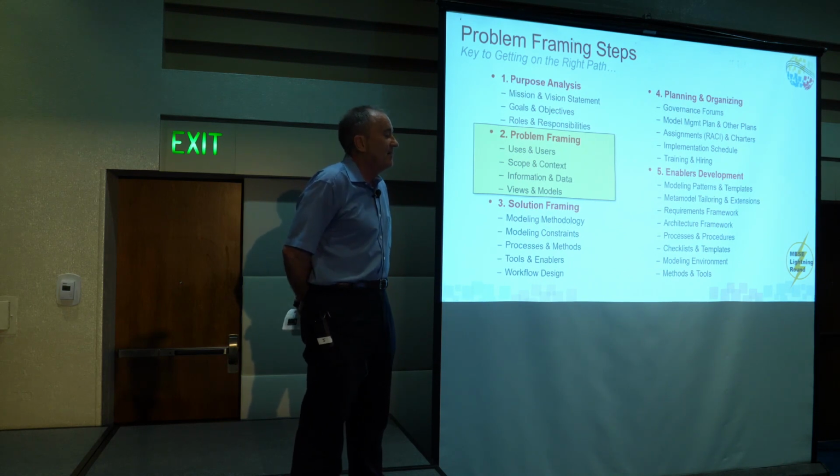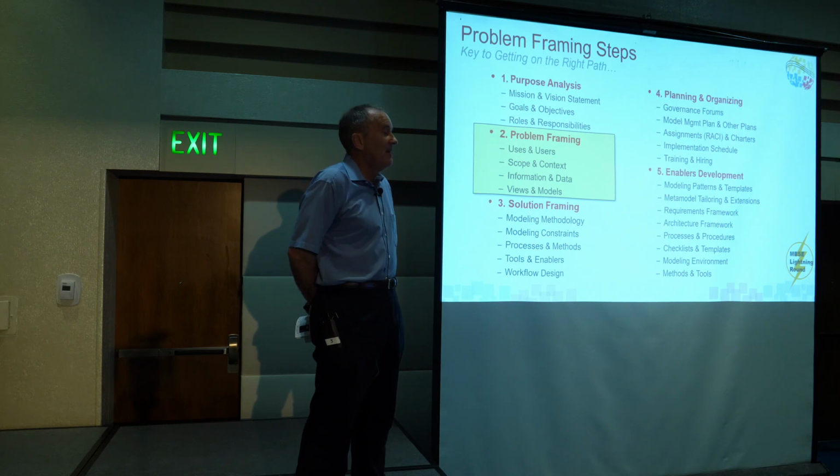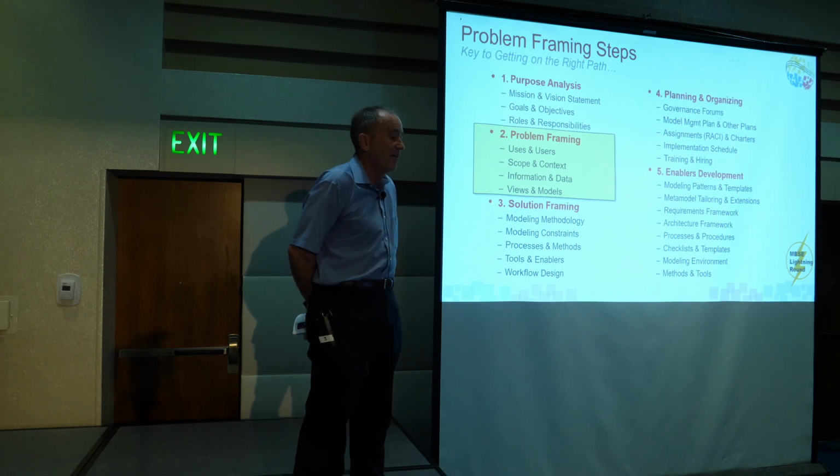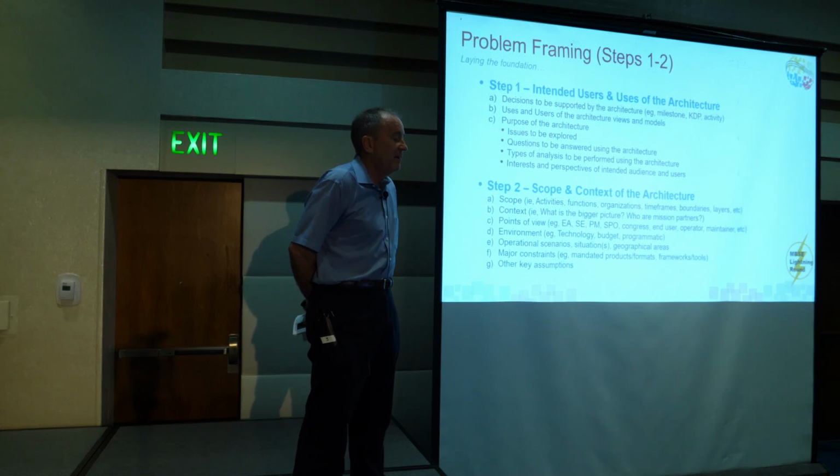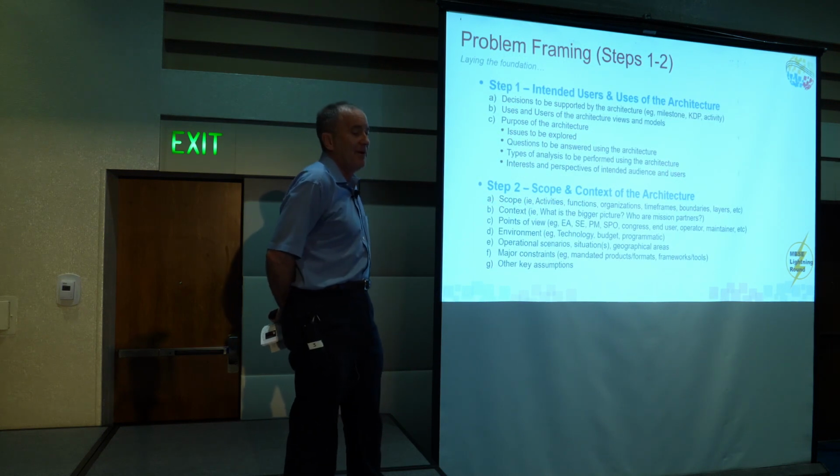So the second step is identify the scope and context. The third step is information and data. In other words, you don't identify what models you need until the fourth step of problem framing, because you need to lay the groundwork. So here's a little bit more detail about what happens in each of the steps.